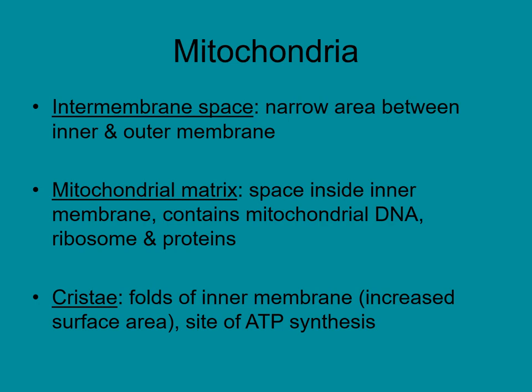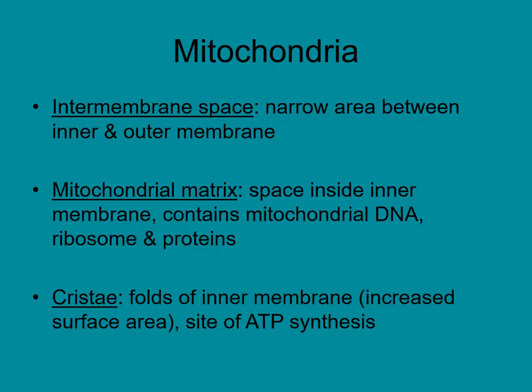So there's a space between the inner membrane and the outer membrane. That's the inner membrane space. And then the mitochondrial matrix, that is the space inside the inner membrane, so the most interior portion. And in this mitochondrial matrix area, there are some ribosomes, there are some proteins, and there's some mitochondrial DNA that is there.